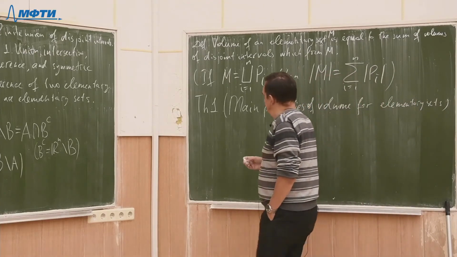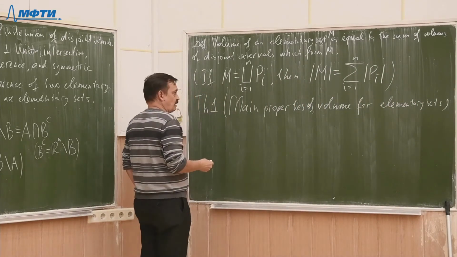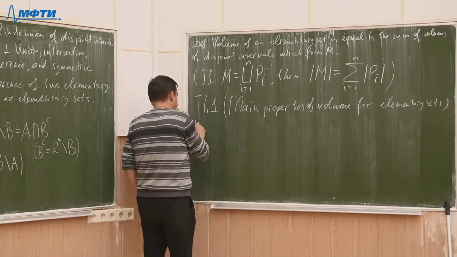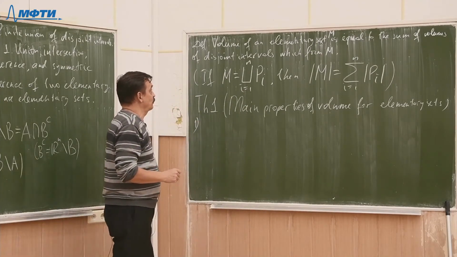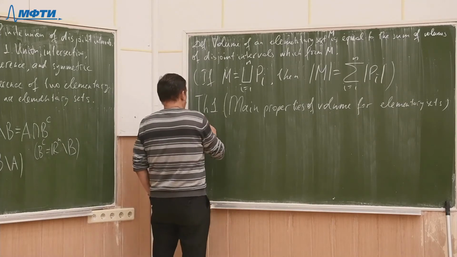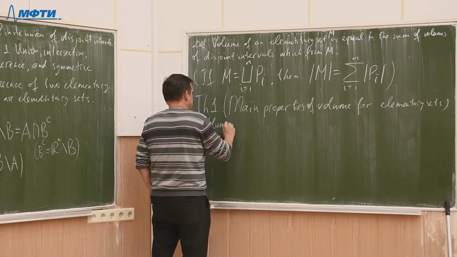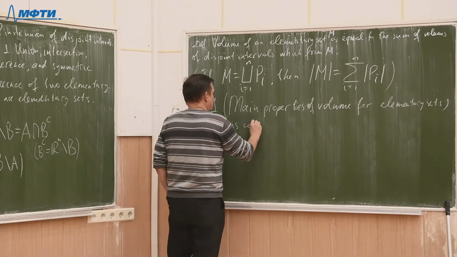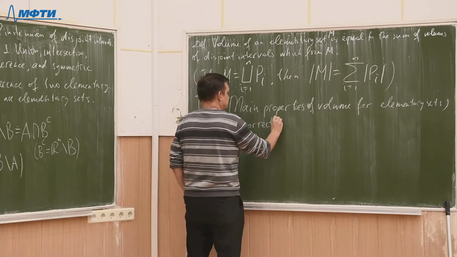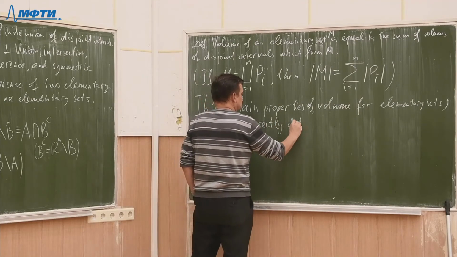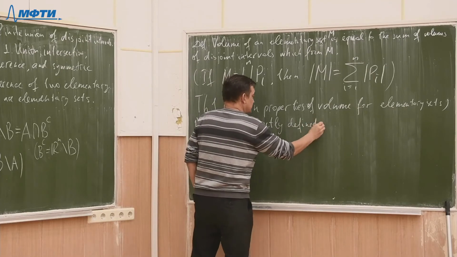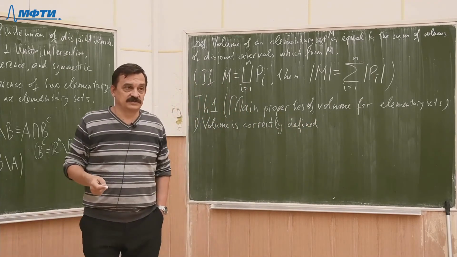Once again, yeah, let it be the first property: volume is correctly defined. That is what I said just now.